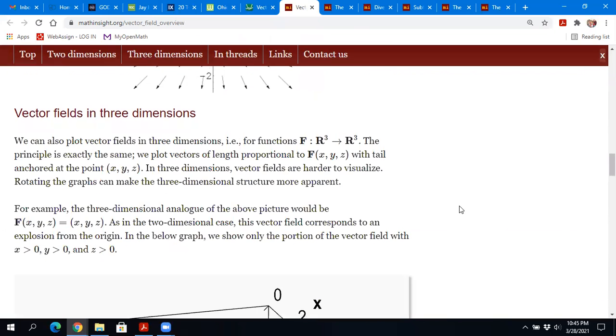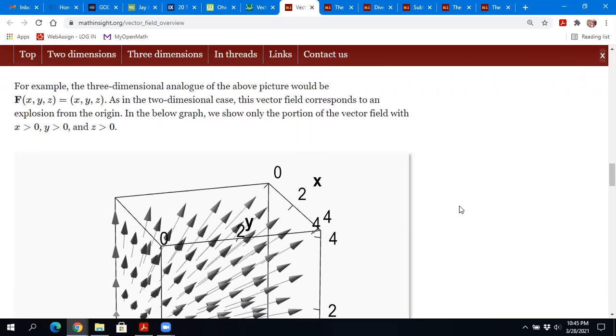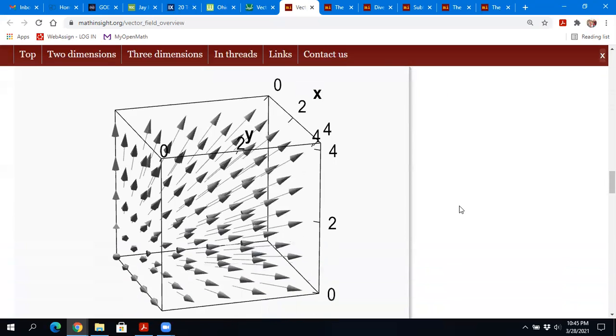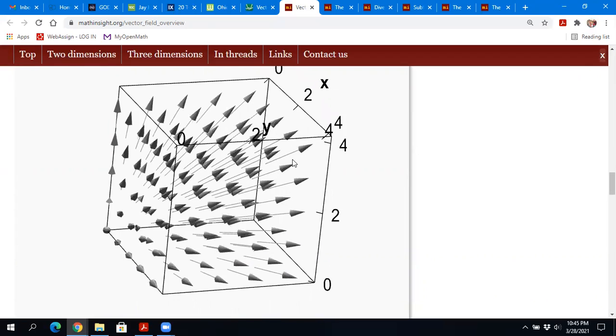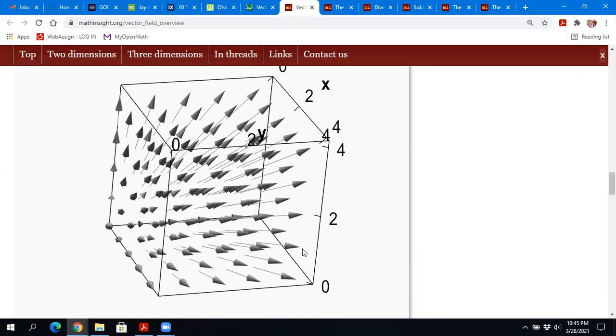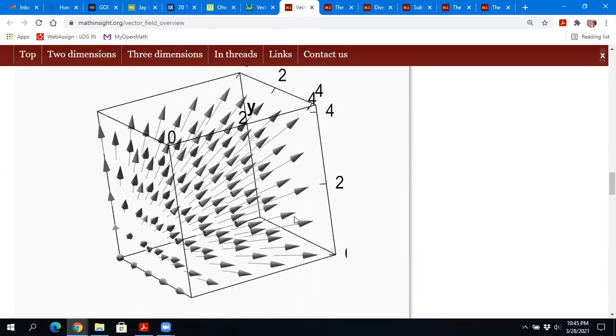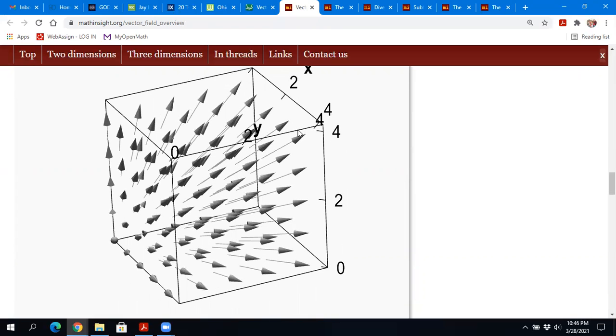But you can have vector fields in three-dimensional space. Here's one, f of x, y, z is equal to x, y, z. Again, it will look like a big explosion out of the origin. Here you can actually play around with these things. Pretty cool. You kind of look at what's happening here, right, from different directions. Pretty easy to get mesmerized by some of that, okay? There's a three-dimensional vector field right there.